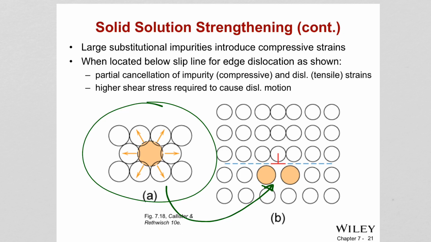Again, now more energy is necessary for that dislocation to be able to get over those impurities and move. Therefore, we are increasing the strength of the material.